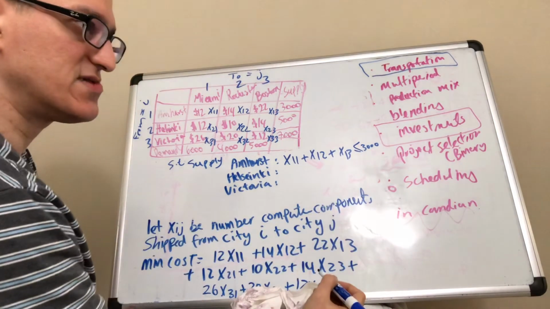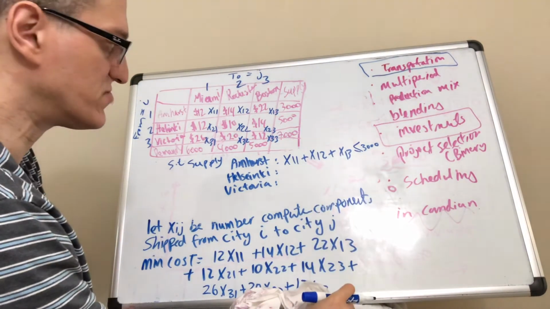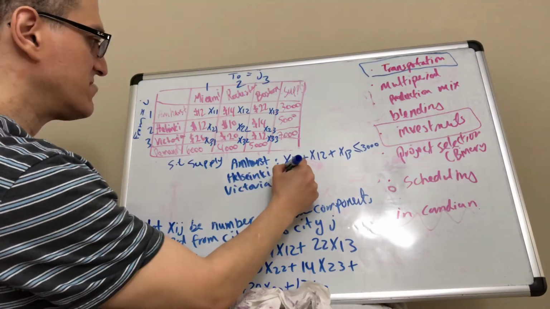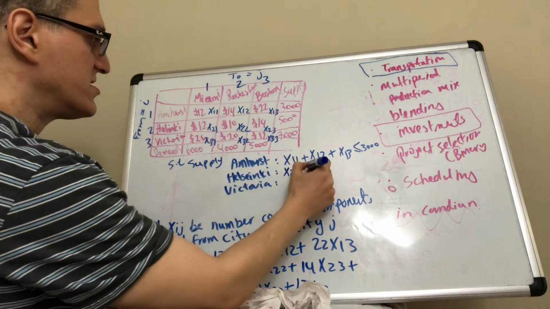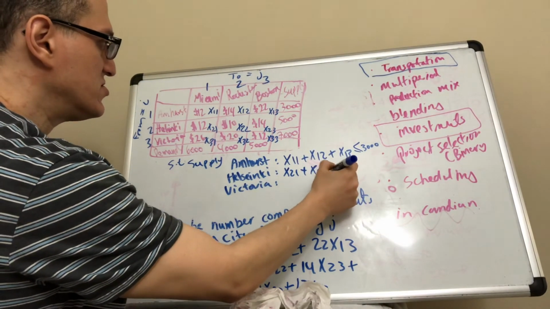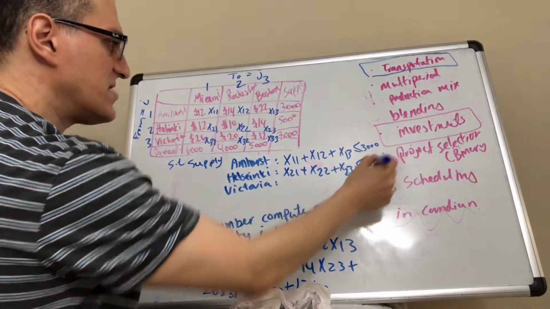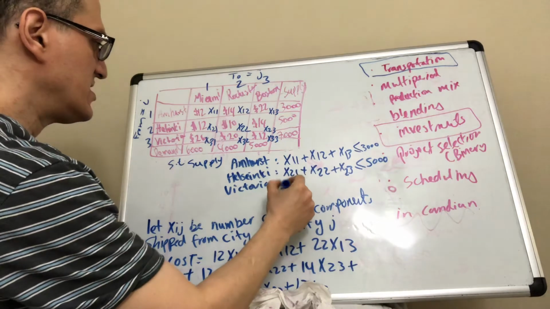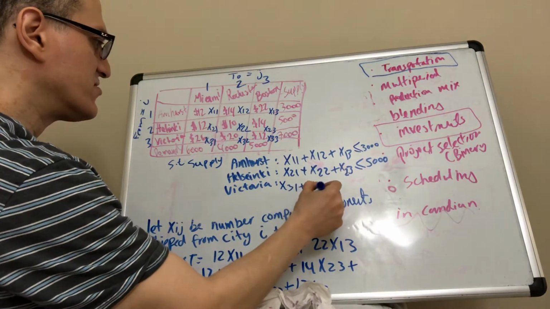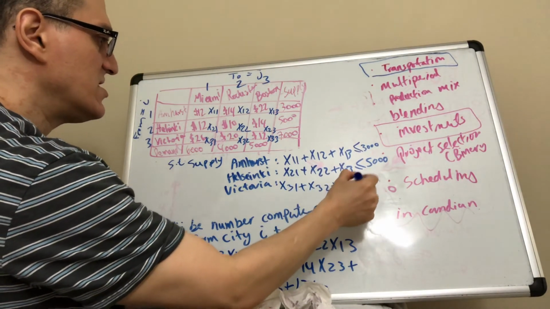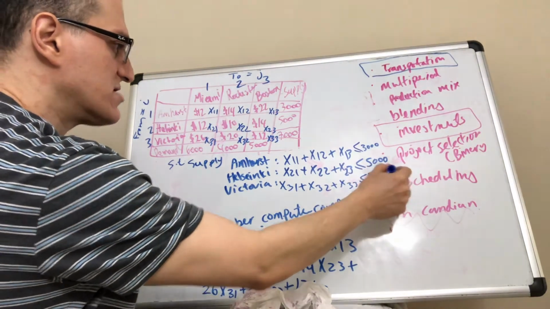So not to exceed 3,000. That's what they're capable of providing. Helsinki can provide 2, 1, 2, 2, and 2, 3, not to go over their limit 5,000. Victoria, 3, 1, 3, 2, 3, 3, not to go over 7,000.